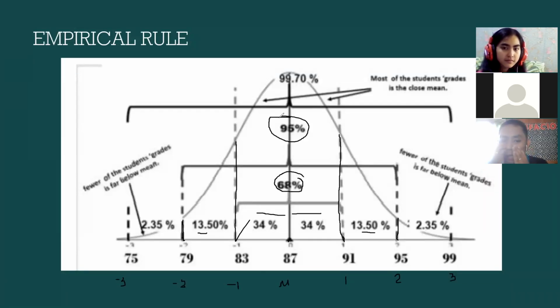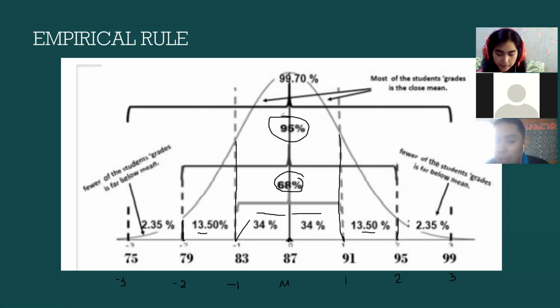Tandaan natin, habang lumalayo ka sa center, mas bumababa ang porsyento. Okay? Mas bumababa ang porsyento mo na makasama doon. Kung mapapansin nyo, doon sa center, mas malaki agad ang porsyento na nandun. That is 68%.